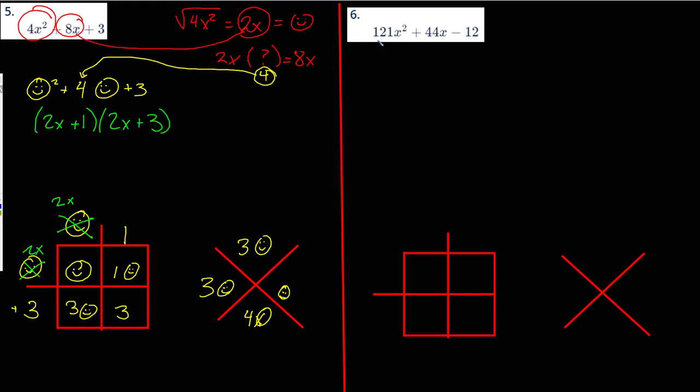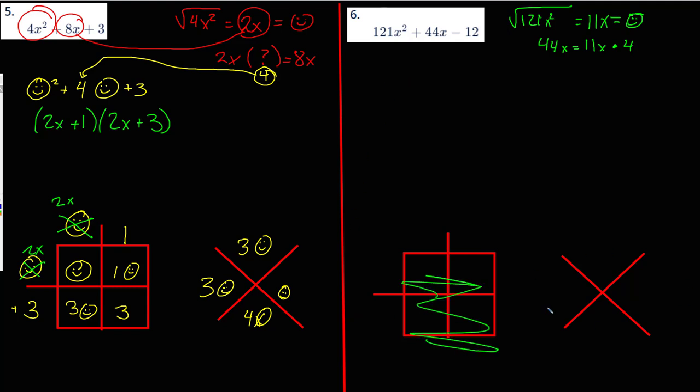Now looking at the next one, same trick is going to work. We have the square root of 121x squared is equal to 11x. And 44x is made up of 11x times 4. And so that's going to equal our smiley face. Without using the box, we can just use the x.